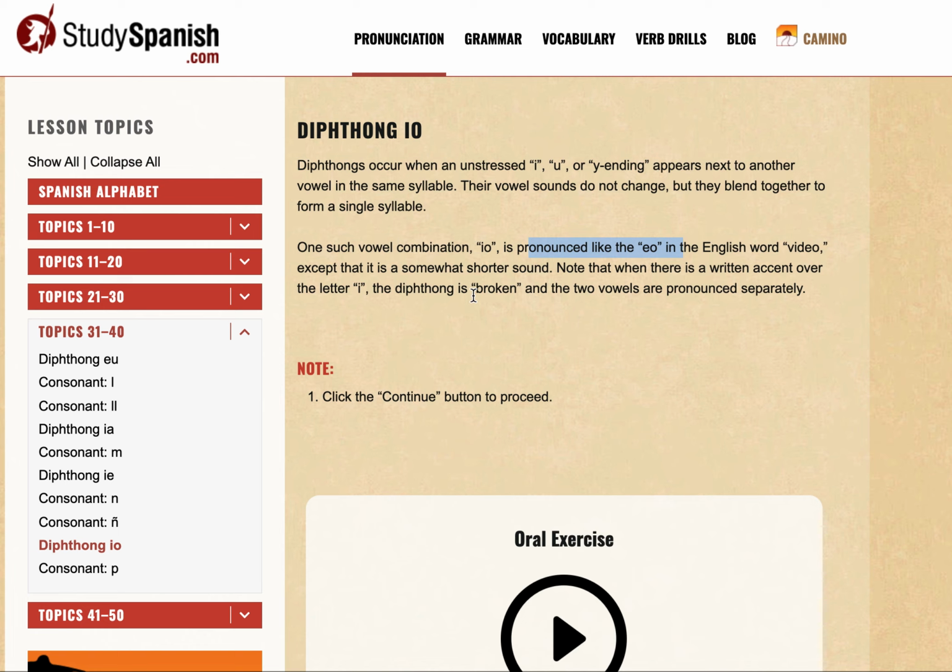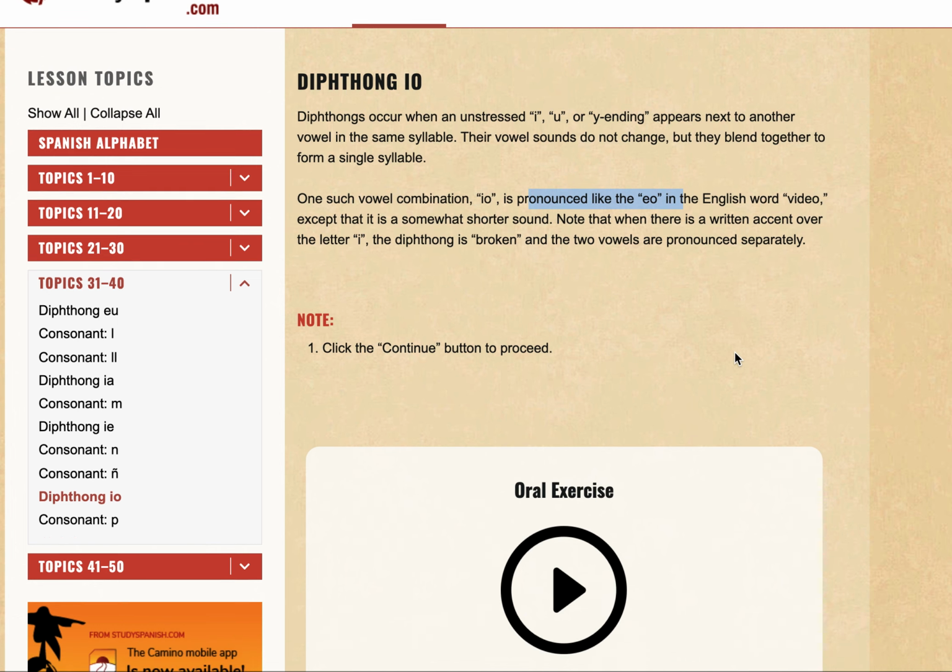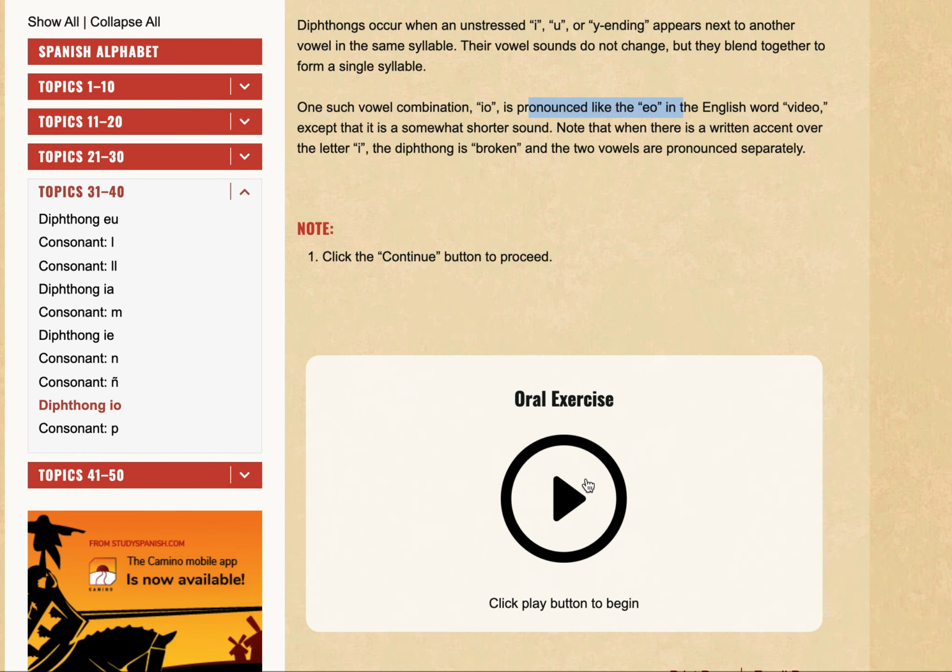Note that when there is a written accent over the letter I, again, this is absolutely similar to all the diphthongs that we've been looking at, the vowel sounds are pronounced separately. So the diphthong is broken and pronounced separately. So let's look at some examples.